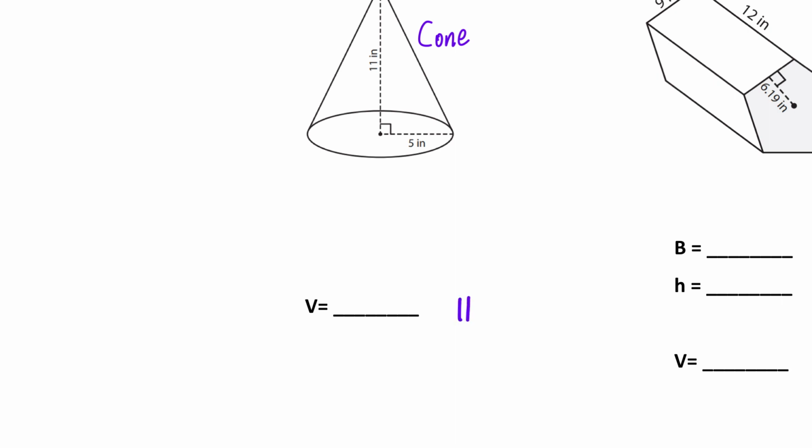So we're going to take pi times r squared times h divided by 3. And you get what? .98 cubic inches.